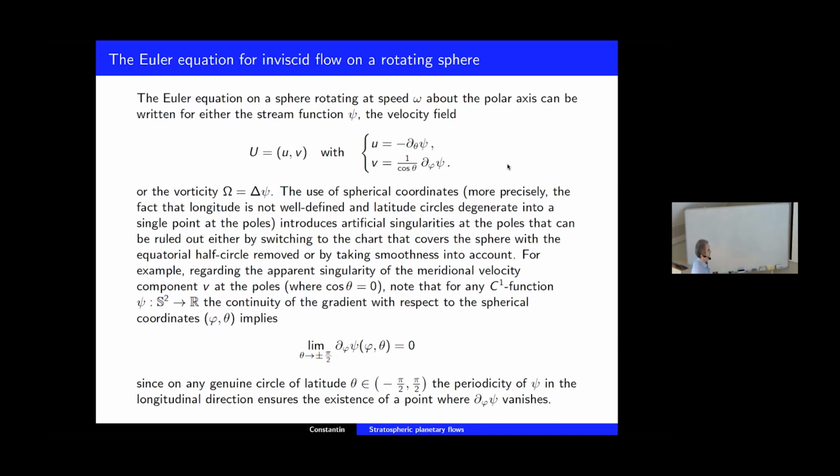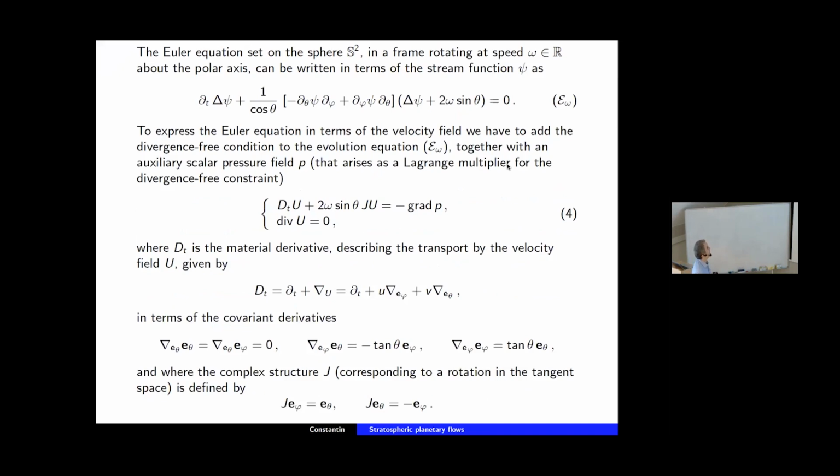So it doesn't have to be C infinity, but okay. This is the Euler equation in a frame rotating at speed omega about the polar axis, and you can write it in terms of the stream function like this.